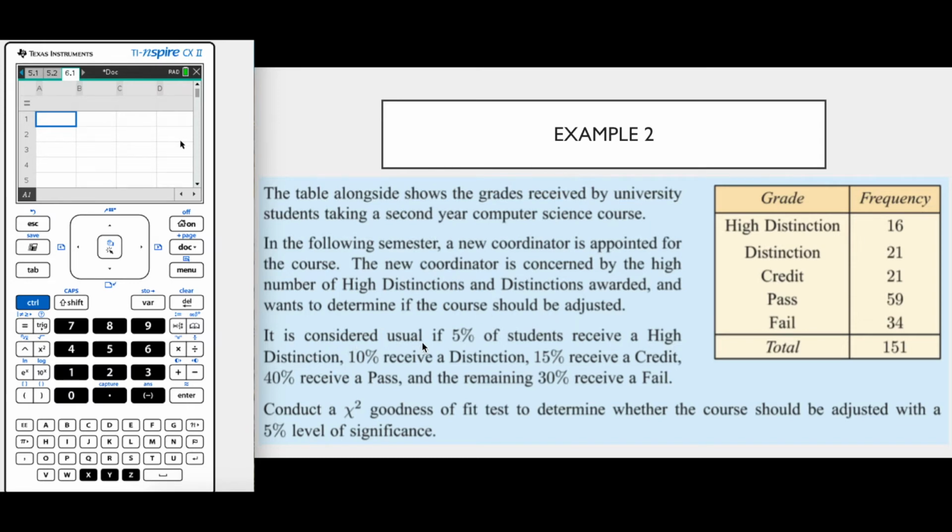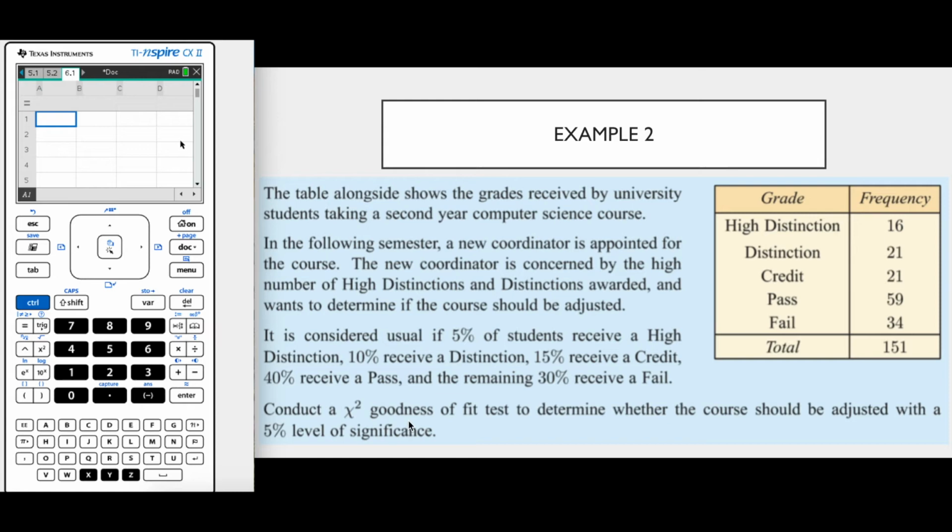It is considered that usually 5% of students receive high distinction, 10% distinction, 15% credit, 40% pass, and 30% fail. Conduct a chi-square goodness of fit to determine whether the course should be adjusted with a 5% level of significance.